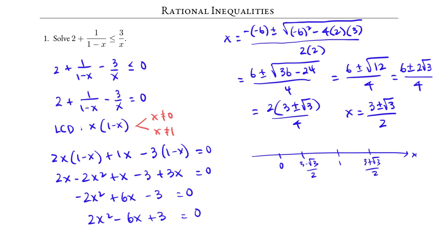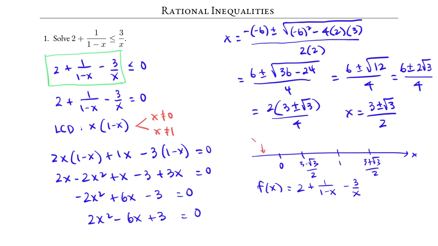The goal is to determine whether 2 plus 1 over 1 minus x minus 3 over x is positive or negative in each of these intervals. That is, we're going to check the sign of f of x equals 2 plus 1 over 1 minus x minus 3 over x. To do this, we pick any number in each of these intervals.